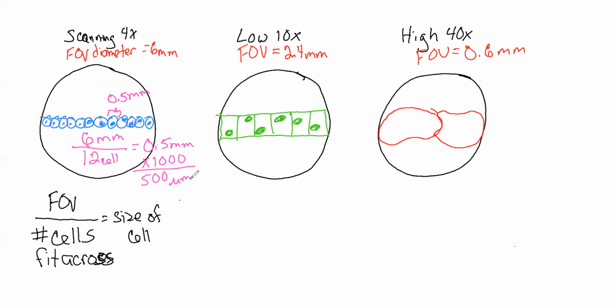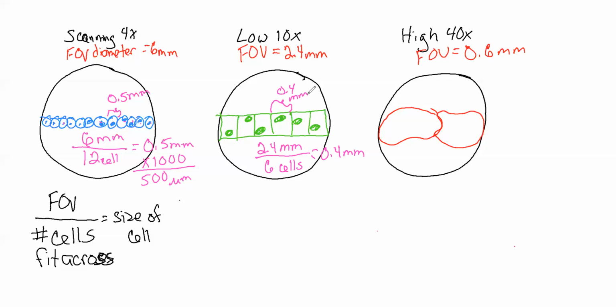Now we can do this for every single one. If we look at this next one, we have 1, 2, 3, 4, 5, 6 cells. So we can take our 2.4 millimeters and divide it by 6 cells. That will give us 0.4 millimeters. So this cell from end to end is approximately 0.4 millimeters.